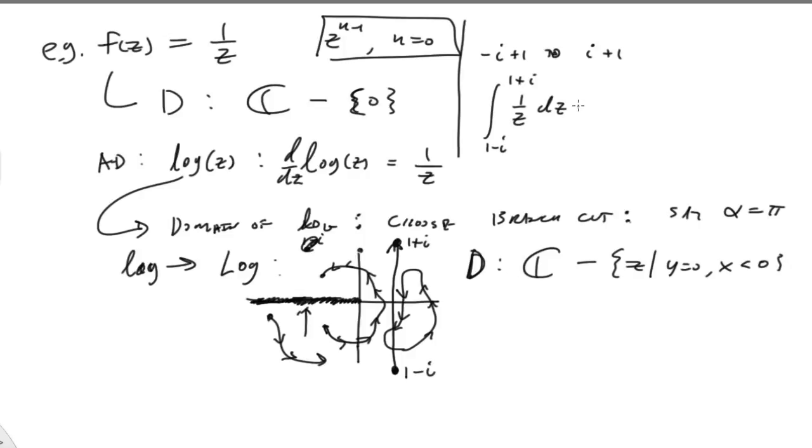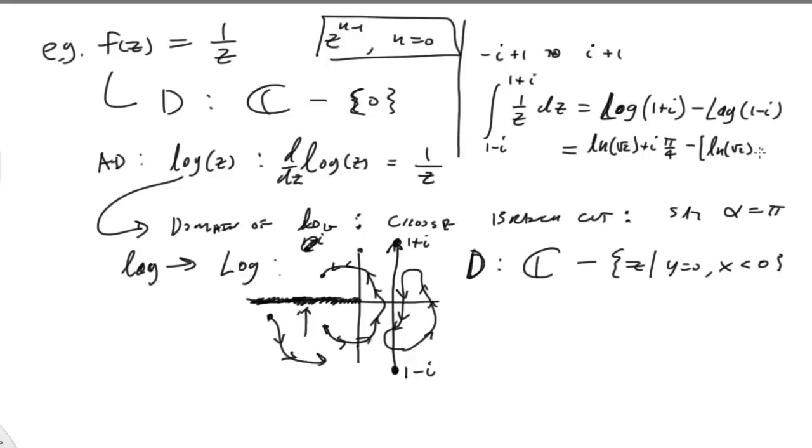And so the antiderivative is, of course, log. We're going to use the principal value, though. We've chosen the principal value log of 1 plus I minus the principal valued log of 1 minus I. And let's see what that result will be. It's fairly straightforward. That's going to be natural log of root 2 plus I pi over 4 minus natural log of root 2 minus I pi over 4.